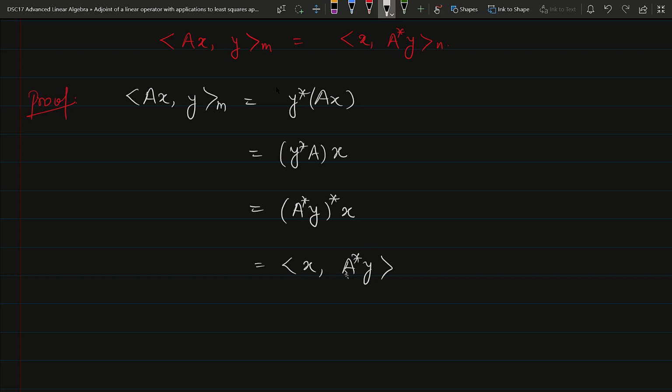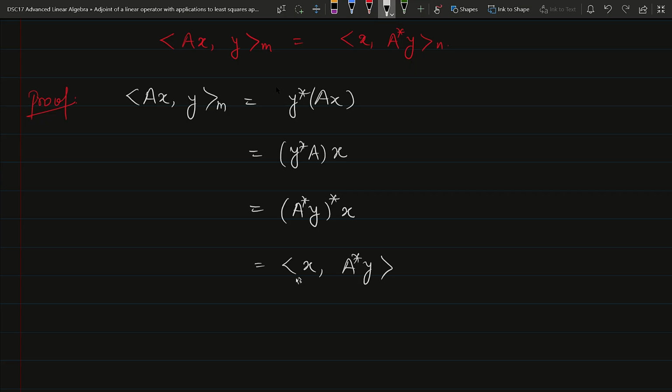Because when we take its conjugate transpose and then multiply at the initial stage, we will have the same kind of configuration. So x comma A star y is equal to Ax comma y, inner product in M.